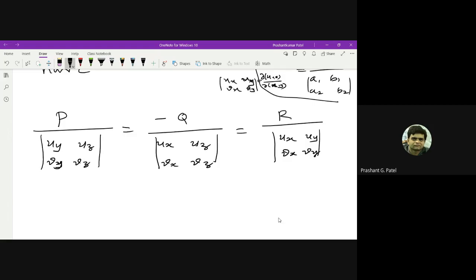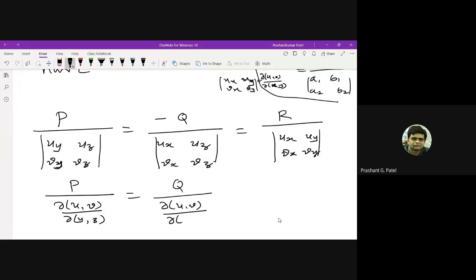So as per this, we will write P upon del(u,v) upon del(y,z), equal to Q upon del(u,v) upon del(z,x), actually it is del(x,z), but due to the minus sign I will write zx, equal to R upon del(u,v) upon del(x,y).